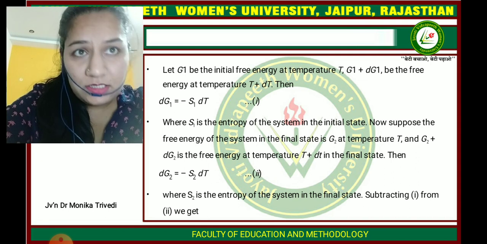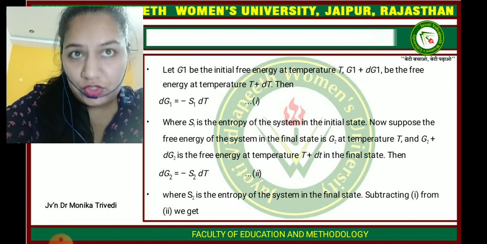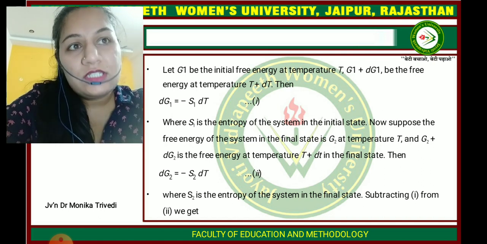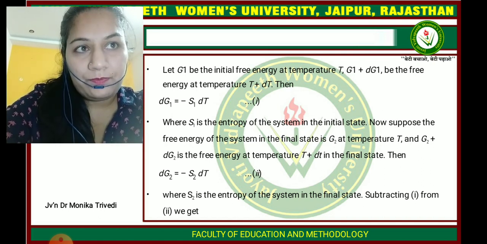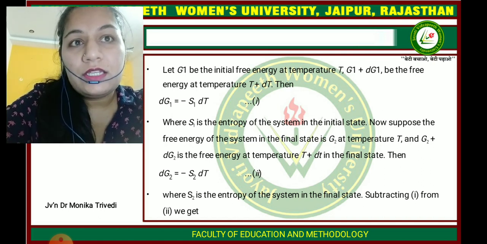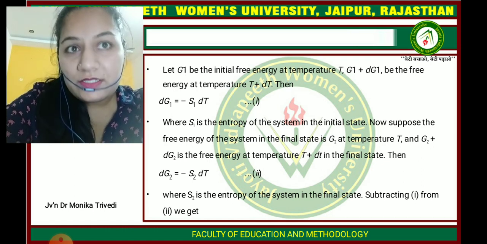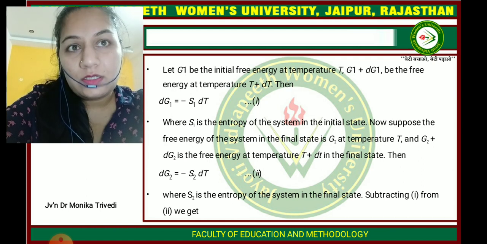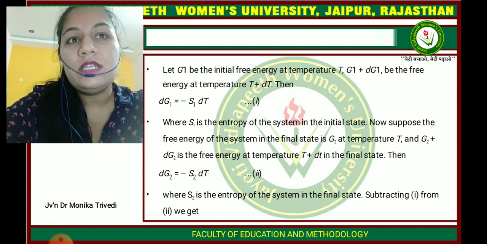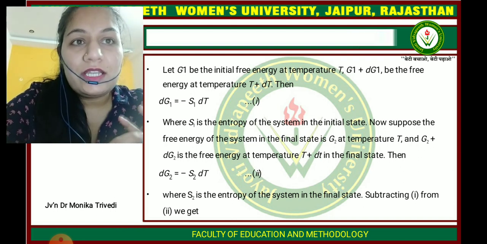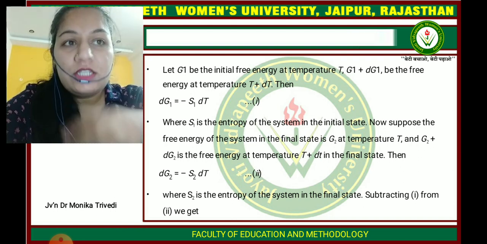Now let G1 be the initial free energy at temperature T. So G1 plus dG1 be the free energy at the temperature T plus dT. Then we get dG1 is equals to minus S1 dT. This is equation 1, where S1 is the entropy of the system in the initial state.